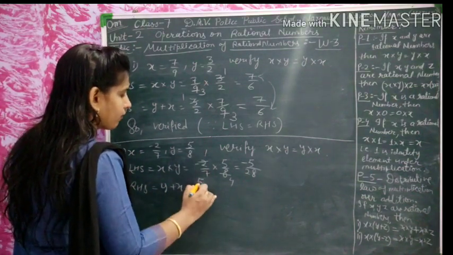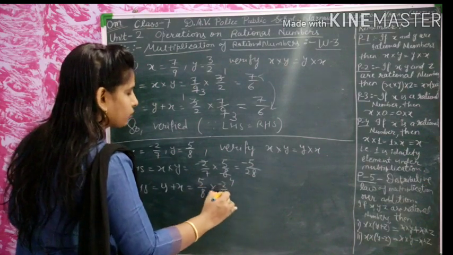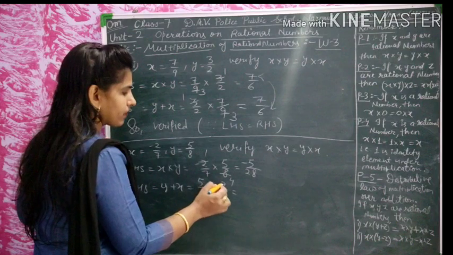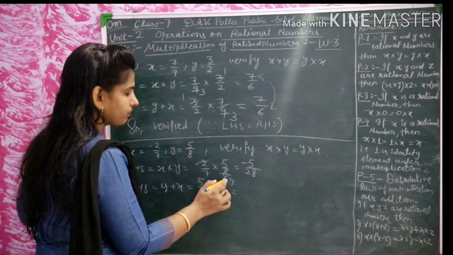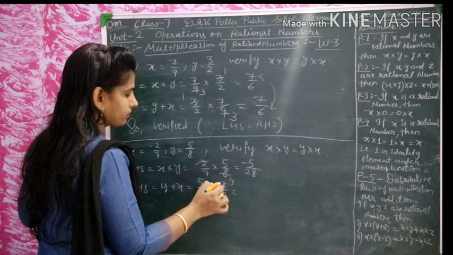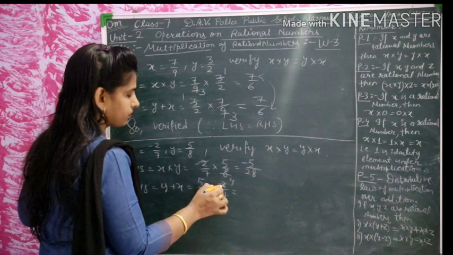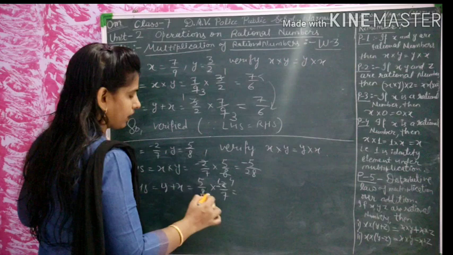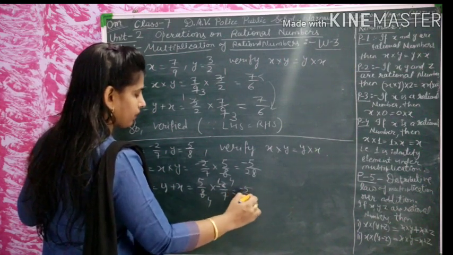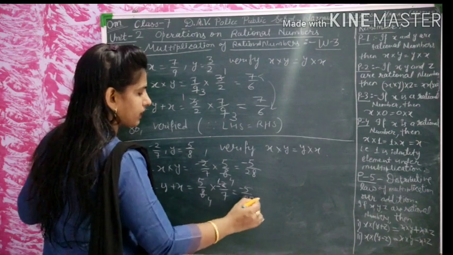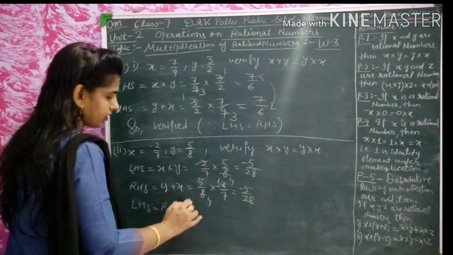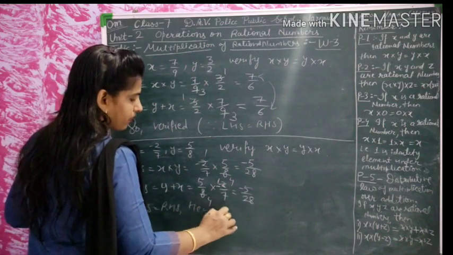Y is 5 by 8 into minus 2 by 7, and now again this is cut as 2 1s are 2 and 2 4s are 8, and we will get the number minus 5 by 7 4s are 28, and LHS is equal to RHS, hence verified.